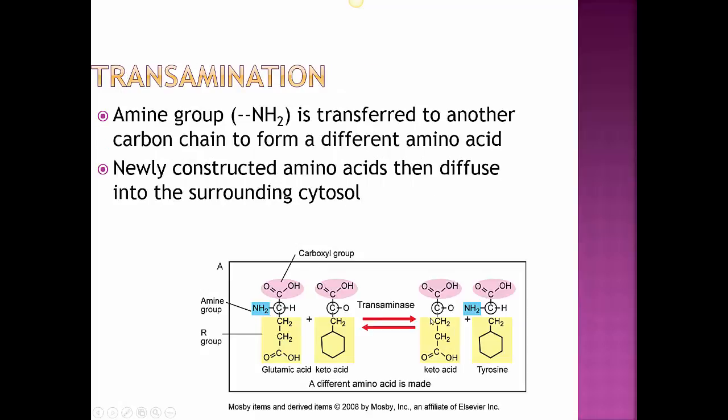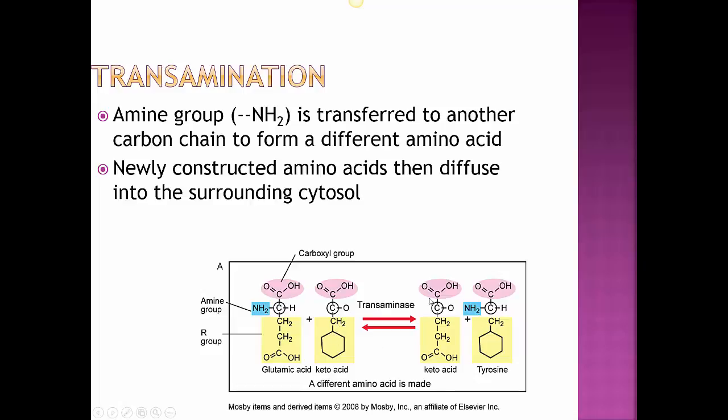So here's one of these things of transaminase right here, to where you have a nitrogen base, and it's what they call glutamic acid, and this is a keto acid right here. Then you can take this glutamic acid and move the nitrogen over to this keto acid.